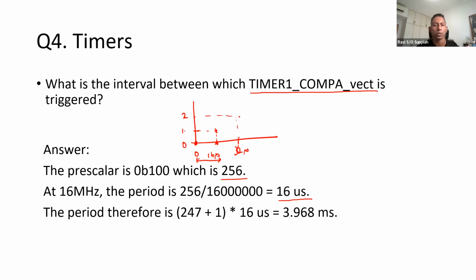So I start from 0, 1, 2, and so on, and each increment takes 16 microseconds. So the period is 247 plus 1, multiplied by 16 microseconds, which is 3.968 milliseconds.